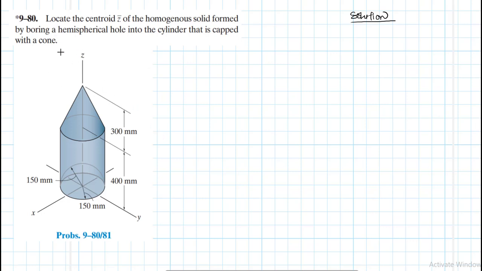So let's go ahead and try to work on this particular problem. I'm going to name the parts for this particular problem. I'll name them part by part so that it will be easier to work with. So let me start with a cone on top. This cone that I've just outlined in green, let me call it number 3.